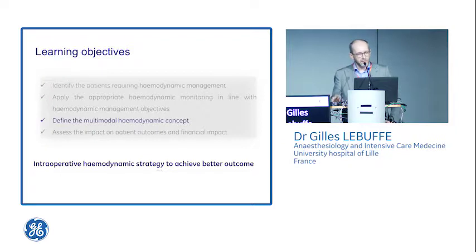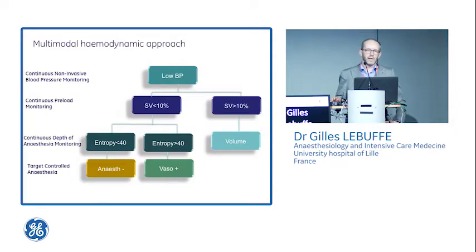So we try now to define the multimodal hemodynamic concept. The multimodal hemodynamic concept is a combined association of the different monitors. First of all, you monitor your blood pressure. You observe your blood pressure is low. So what is the preload dependency or not of your patient?